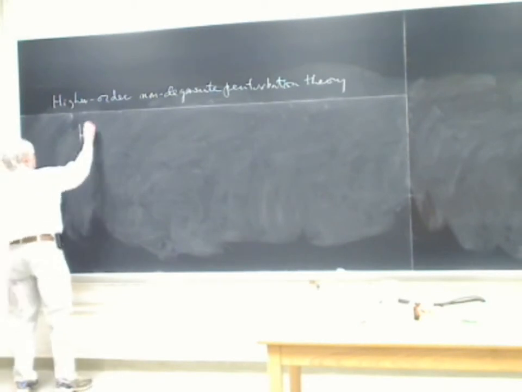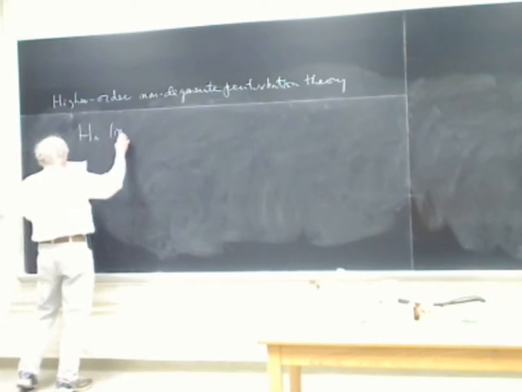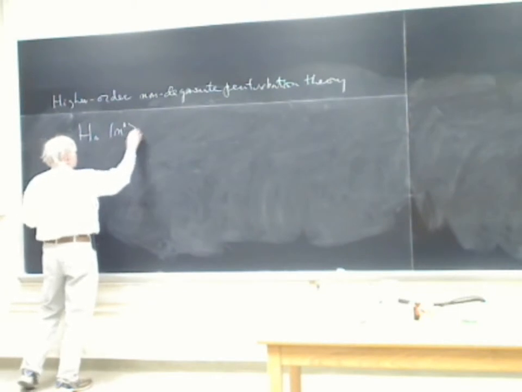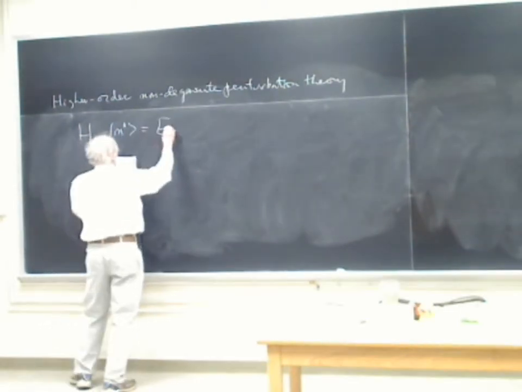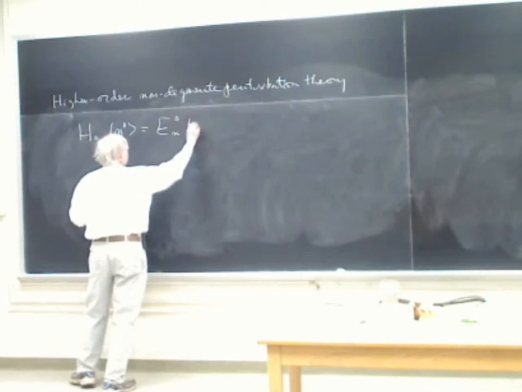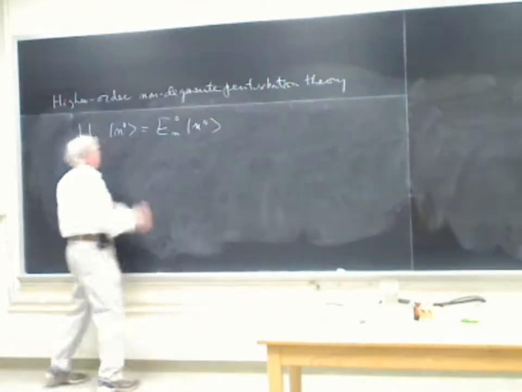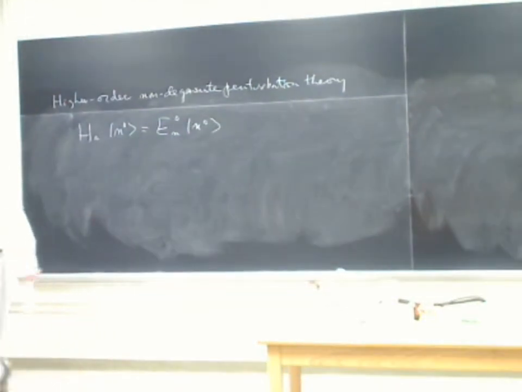So let's just set the notation. We're going to have a superscript 0 here, meaning that n0 is the nth eigenstate of the Hamiltonian H0 that we understand.